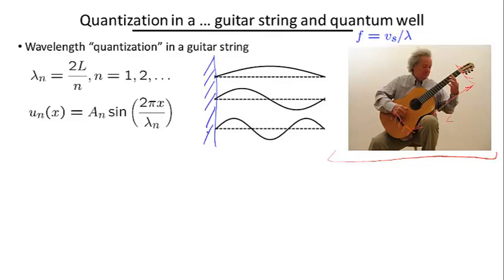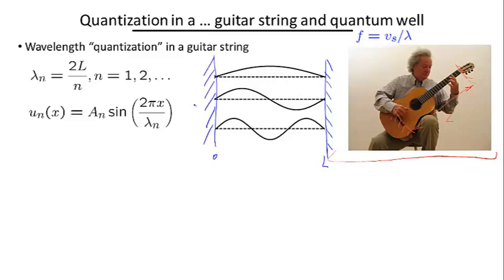So this is our 0 and this is our L. The hard walls in this context essentially mean that the string cannot oscillate here. So the displacement, let's call it U, from this horizontal axis is exactly 0 at x equals 0 and x equals L. In other words, we must have nodes at these endpoints.